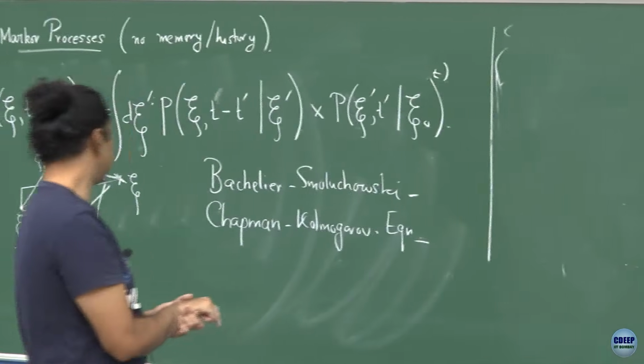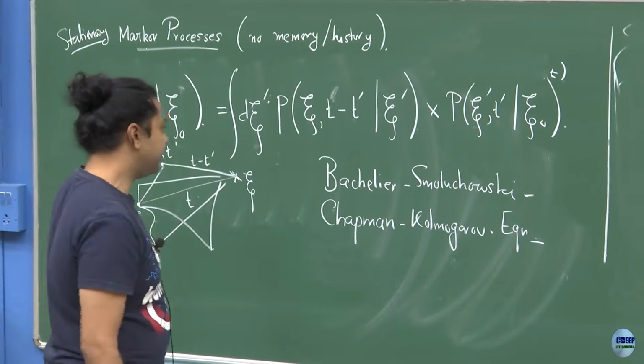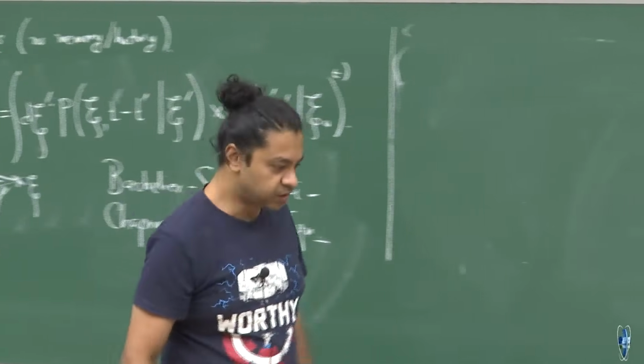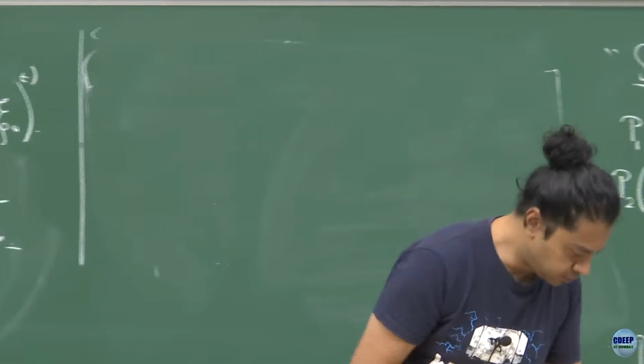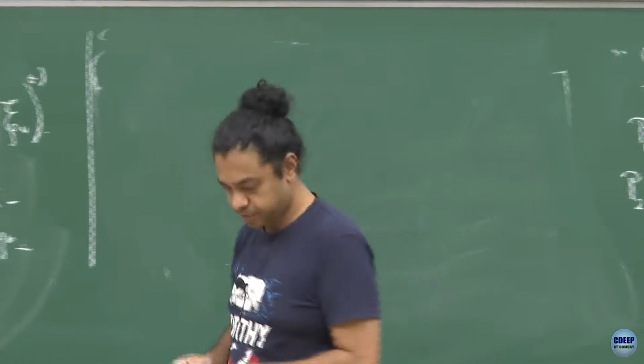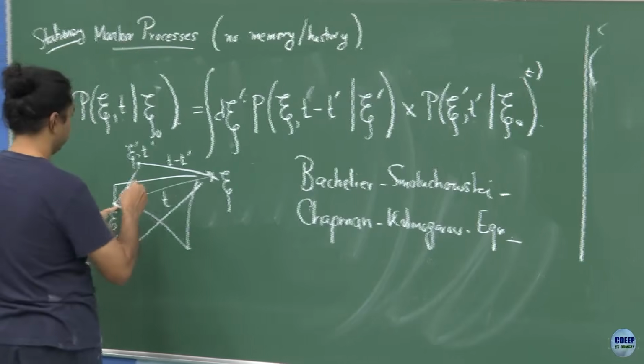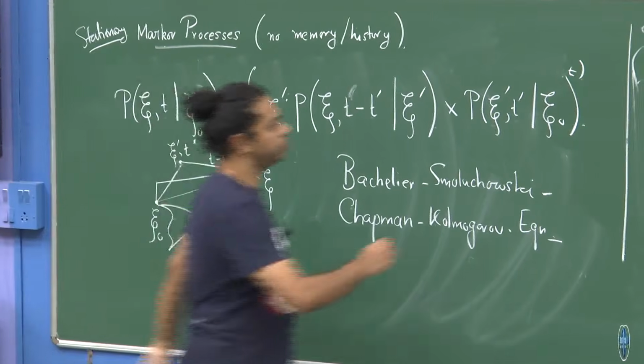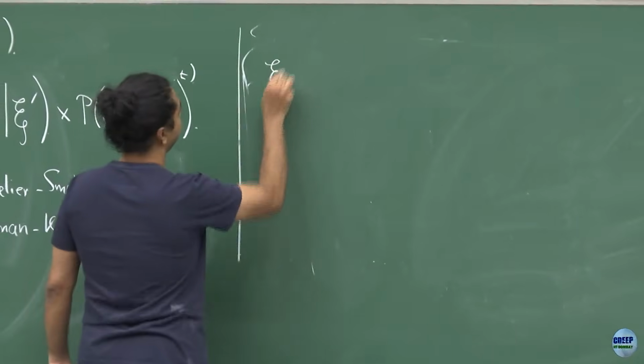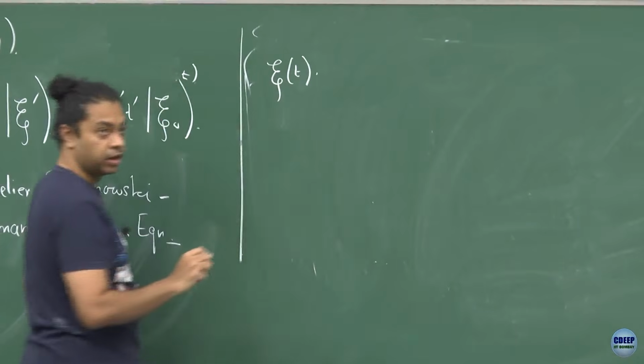Please ask if it is not clear, because this formalism of the Chapman-Kolmogorov or the master equation is what we are going to use from now on. Yes. Correct, but essentially this stochastic process is xi of t, right.